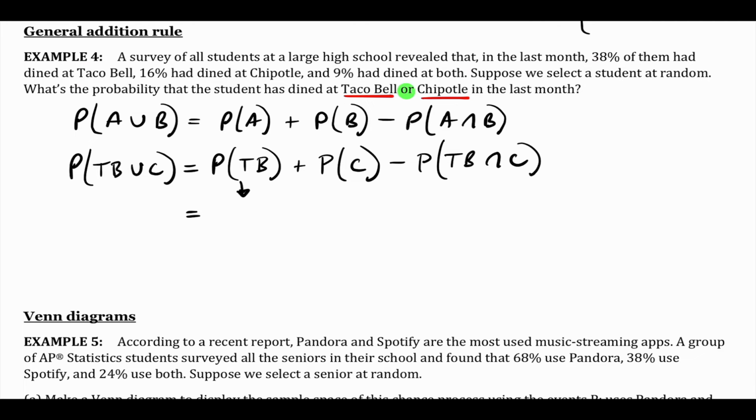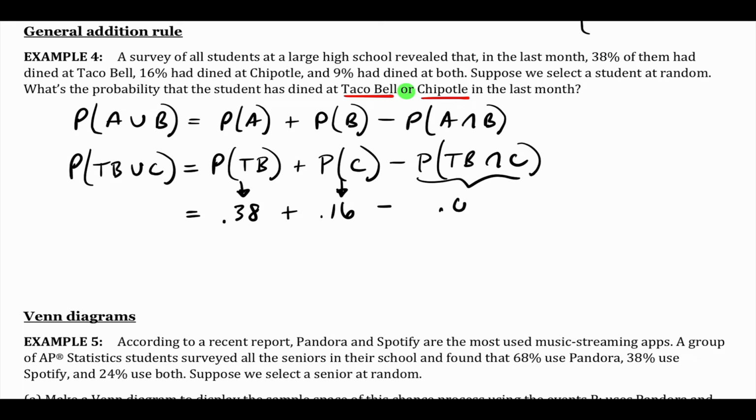So what's the probability that a student has eaten at Taco Bell in the last month? 38%. I'm going to change it to a probability, so 0.38. What's the probability that a student has dined at Chipotle in the last month? 16. I'm going to change it to a decimal. Minus both. 9%, right?